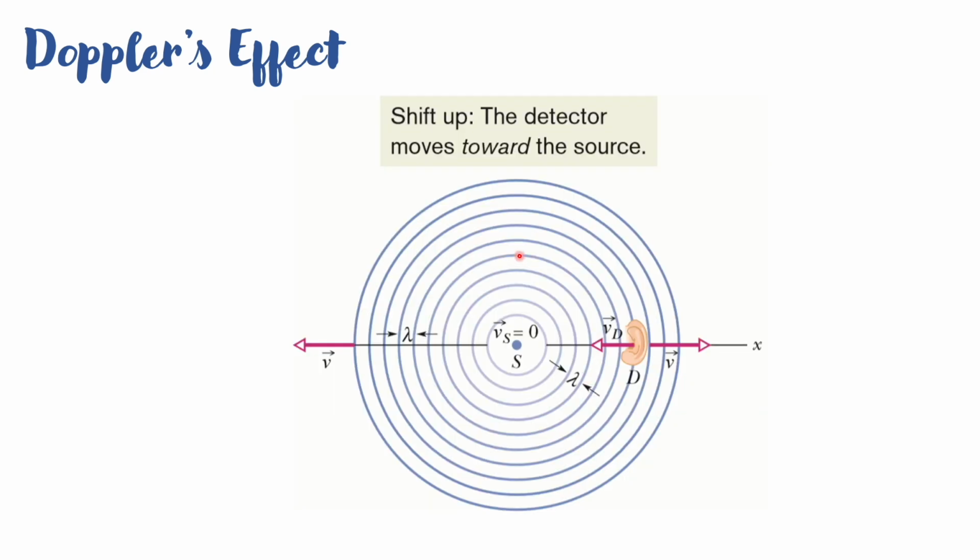First is the shift up. This is the ear or the detector, and this one is the source, and these circles are the wavefronts of the sound emitted by this source. So the source is stationary here, the speed of the source Vs is 0, but the detector is moving, our ear is moving towards the source, and in that case there must be an upward shift in the frequency.